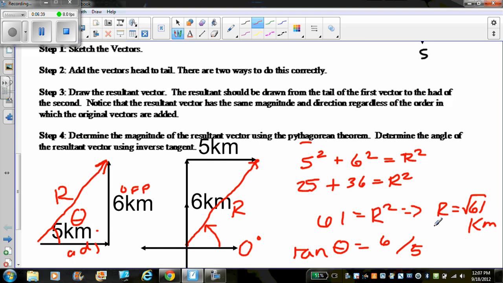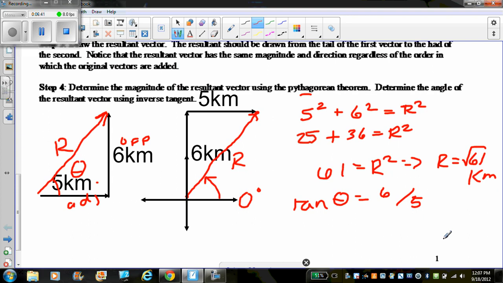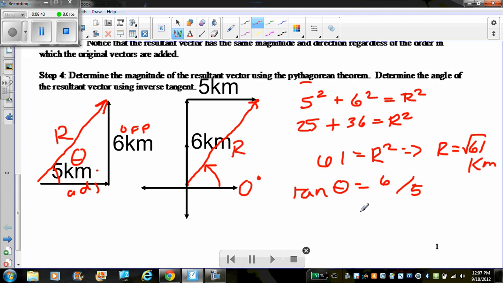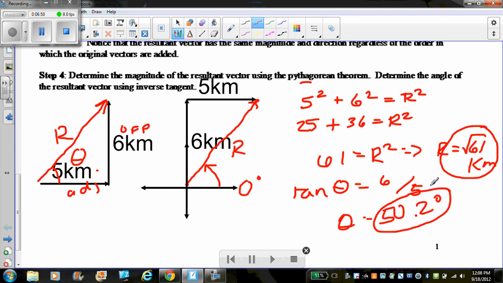Okay, we get 50.2 degrees. So when I solve this, I get that theta is equal to 50.2 degrees. So now my answer has the length of the vector and also the direction of the vector as measured on the coordinate plane.